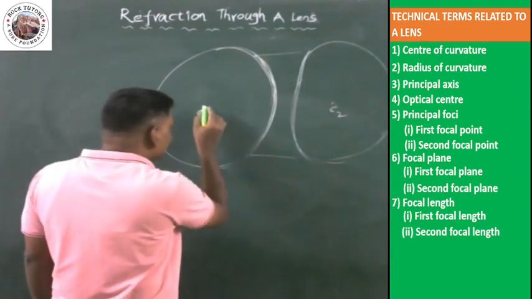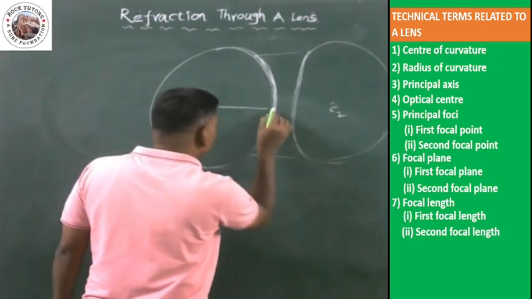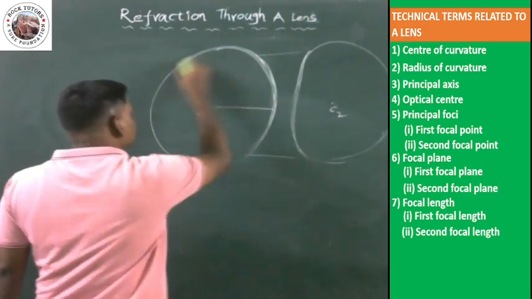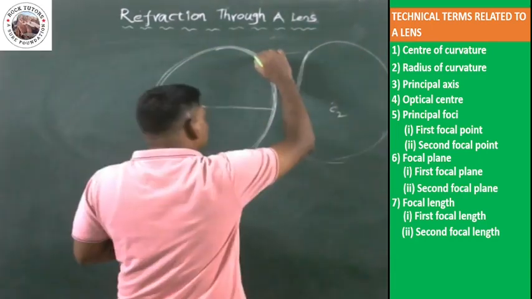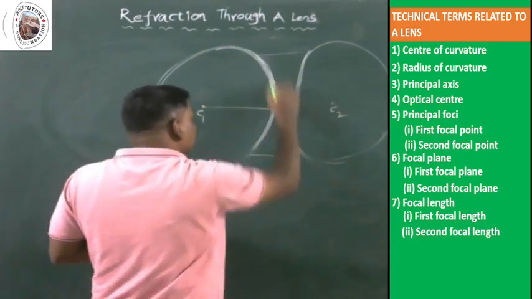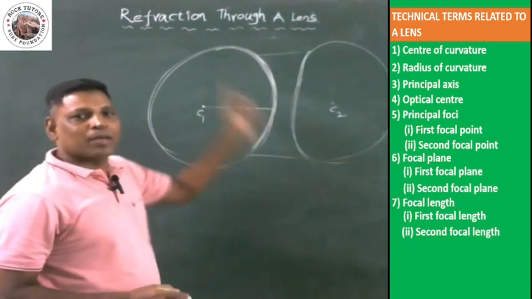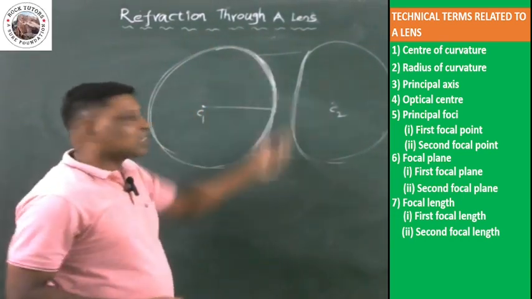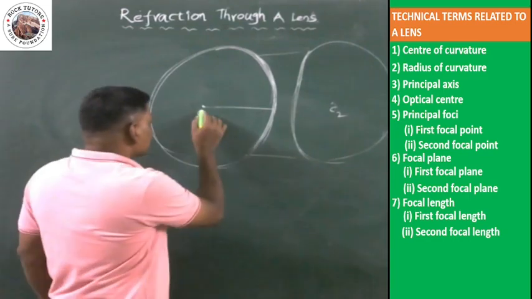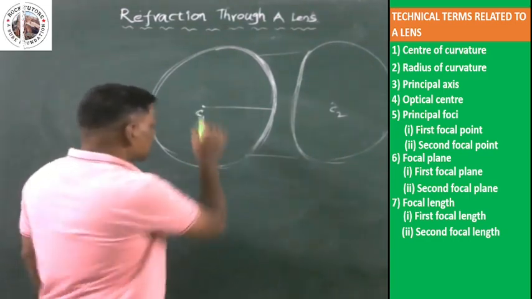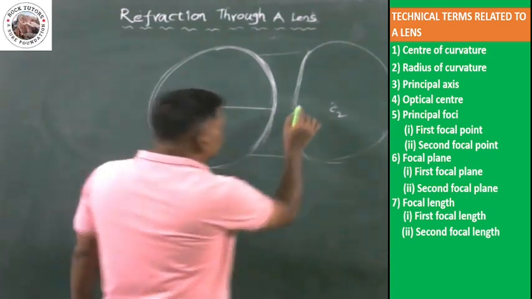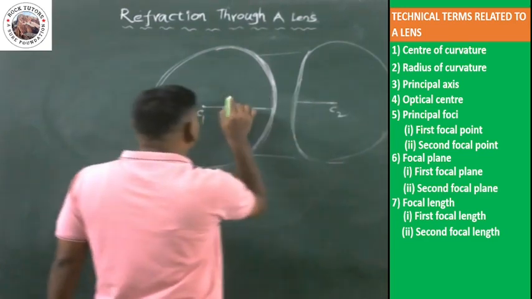The radius of this sphere is called the radius of curvature. From C1 to here, that becomes R1.